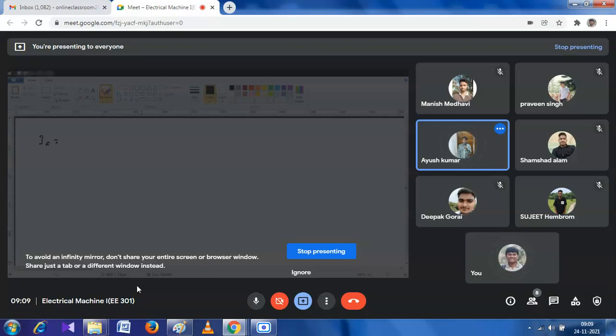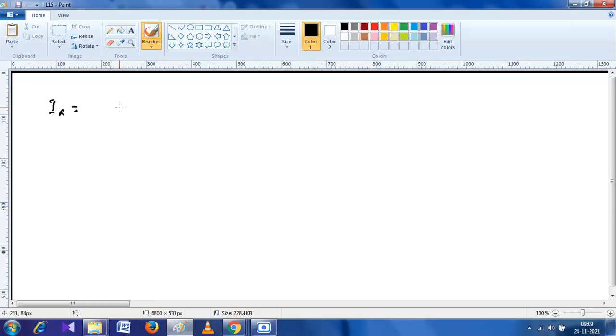First, tell me the equation of armature current which we get from the motor equation. This is Ia = (V minus Eb) by Ra.